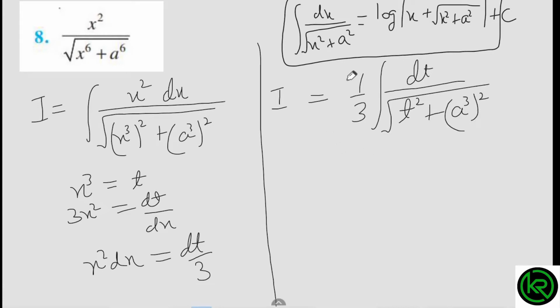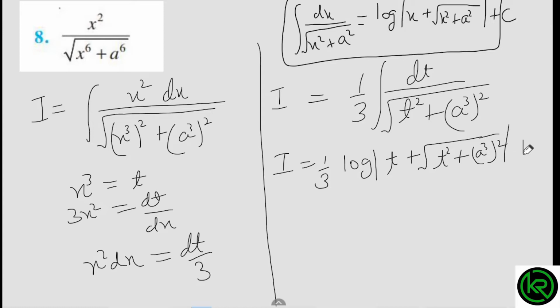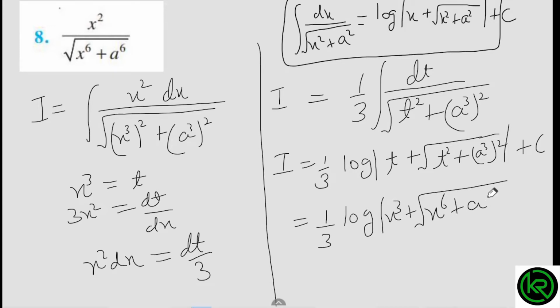Okay, now we will use this formula log mod x plus under root x square plus a square, and x value is, x is here t, so t plus under root t square plus a cube square, okay, plus c, and finally when we will substitute t value is x cube, so we will get x cube plus x cube square is x to the power 6 plus a cube square is a to the power 6 mod close plus c. This is our final answer.